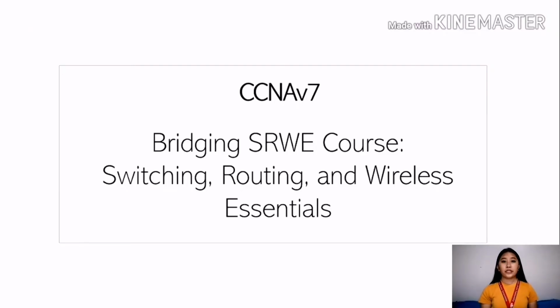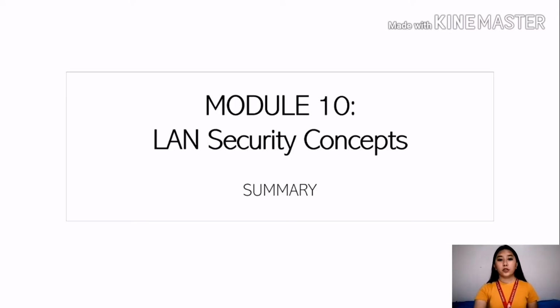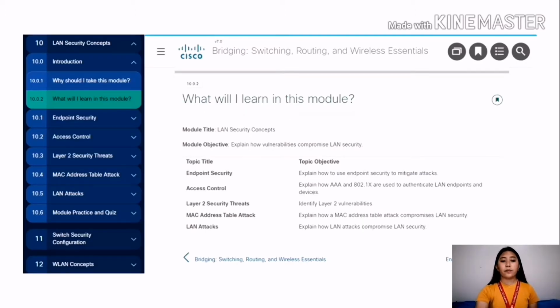CCNAv7 SRWE course, or the Switching, Routing, and Wireless Essentials. Module 10 is all about LAN security concepts. The objective of this module is to explain how vulnerabilities compromise LAN security.